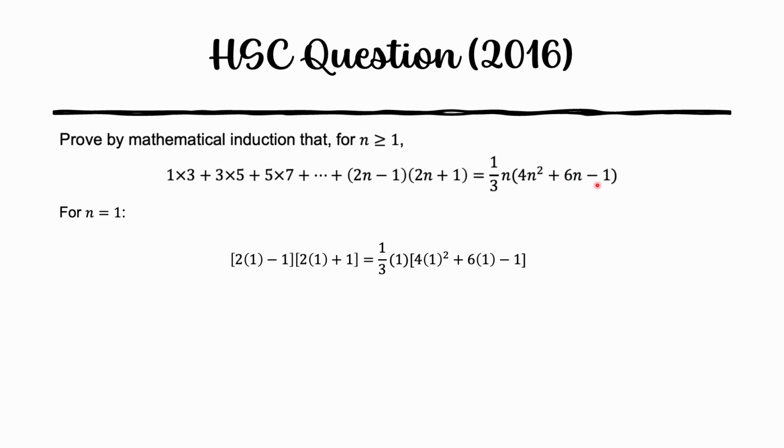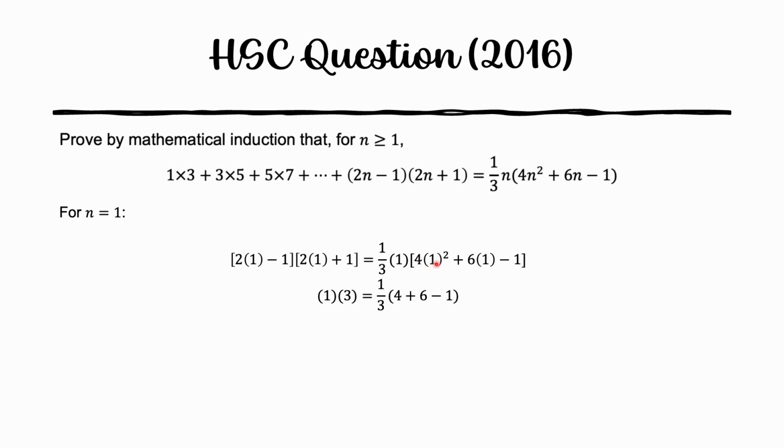So we've substituted 1 into every term of n, which, simplifying that out, we've got 2 minus 1, which gives us 1, and then 2 plus 1, which gives us 3. And then we've got 1/3 times 4 plus 6 minus 1.